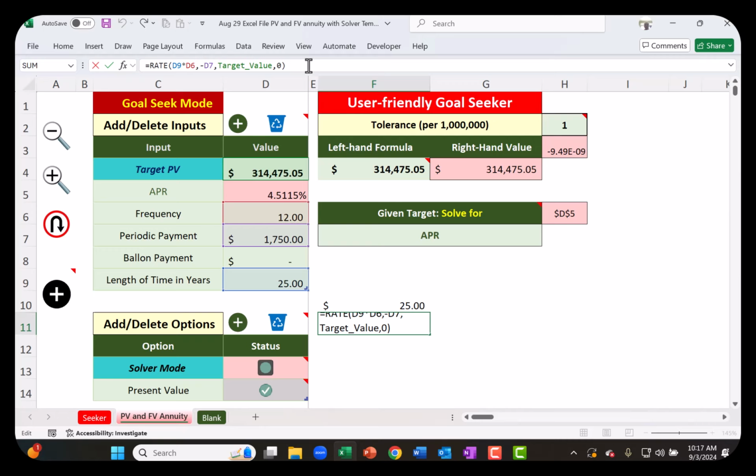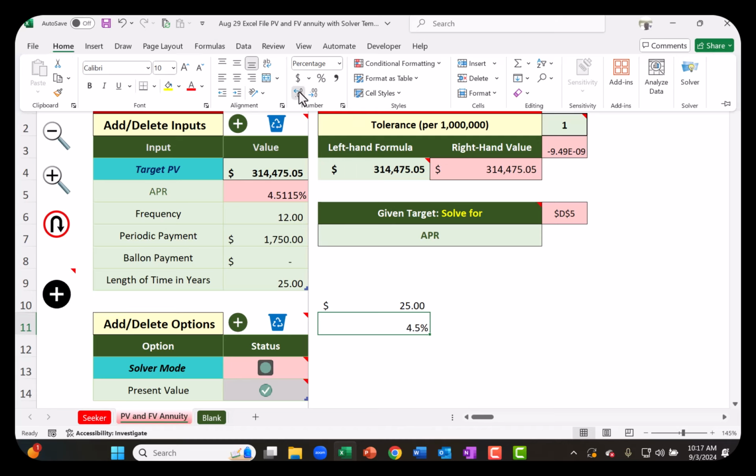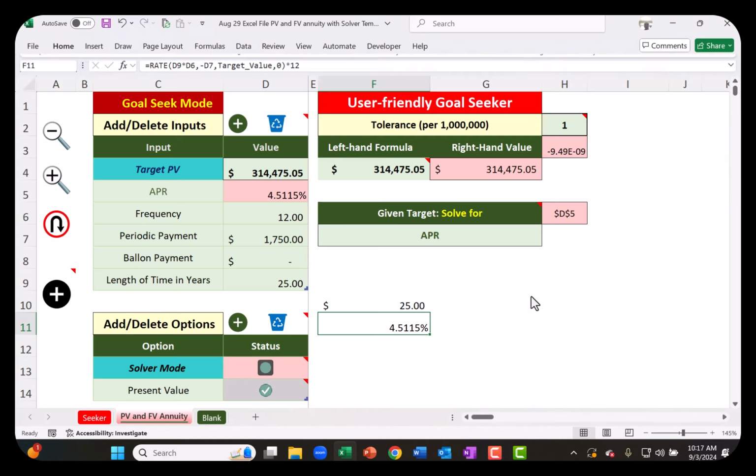I'm going to multiply that by 12 because the number the RATE function gives you is the period interest rate. If I multiply it by the number of periods per year, that gives me the APR. But it's a little bit more involved. You have to remember the syntax, whichever one is easier for you.